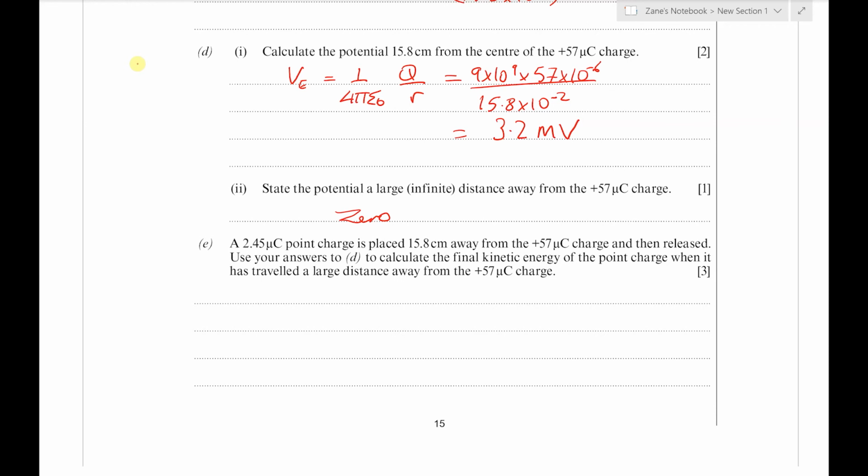Well, in terms of energy here, the electrical potential energy at the 15.8 centimetres will turn into kinetic energy as the charge moves away from the 57 microcoulomb charge. At infinity, because it has 0 potential energy, all of that energy will be kinetic. So let's just put down a brief summary of that. I will say that all of the potential energy will turn into kinetic energy when the charge reaches infinity.